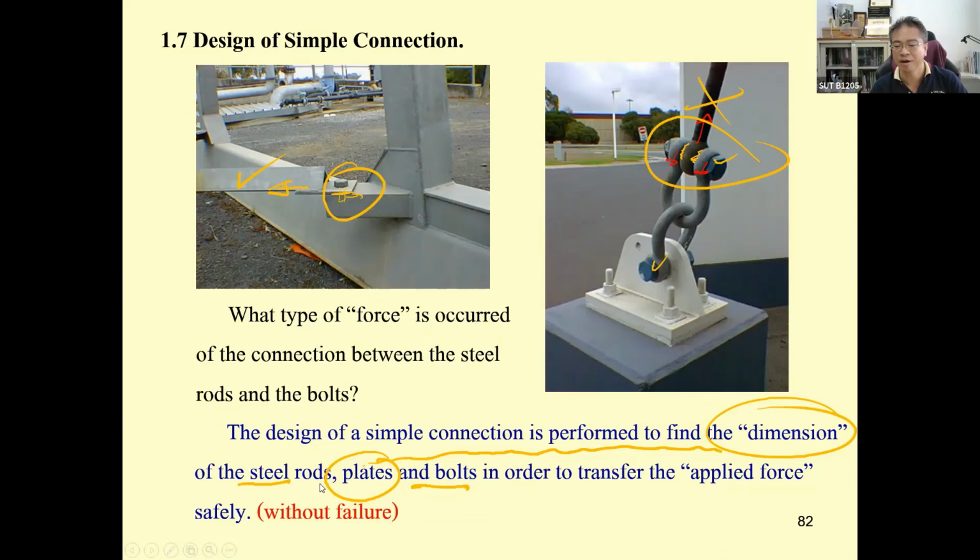It may be the rod or it may be the plate. And you have to decide it so as to transfer the force safely without failure. Such as this one, if the bolt is too small during the pushing of this force F, the bolt will tear. And if this separates, it is going to lose the connection.